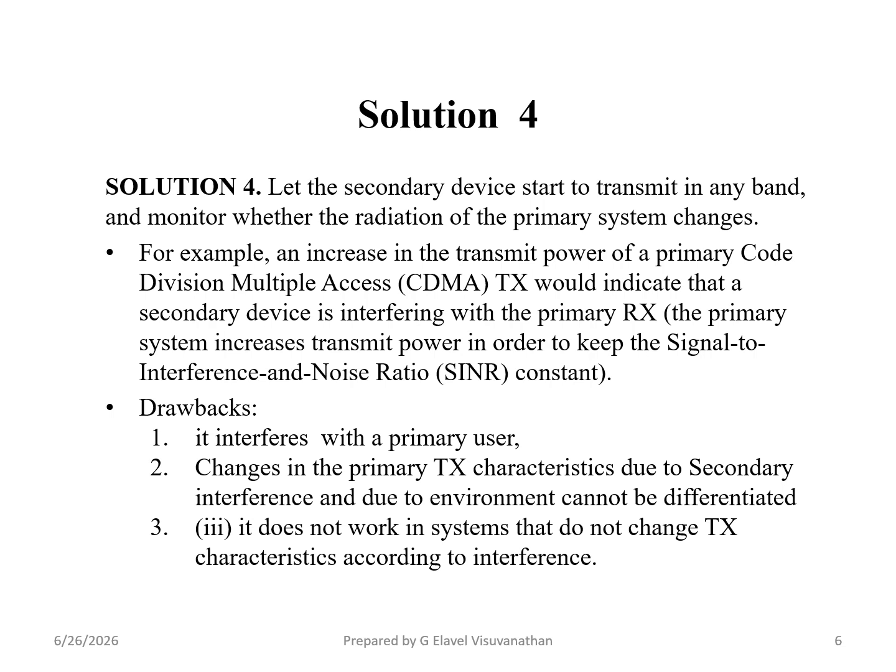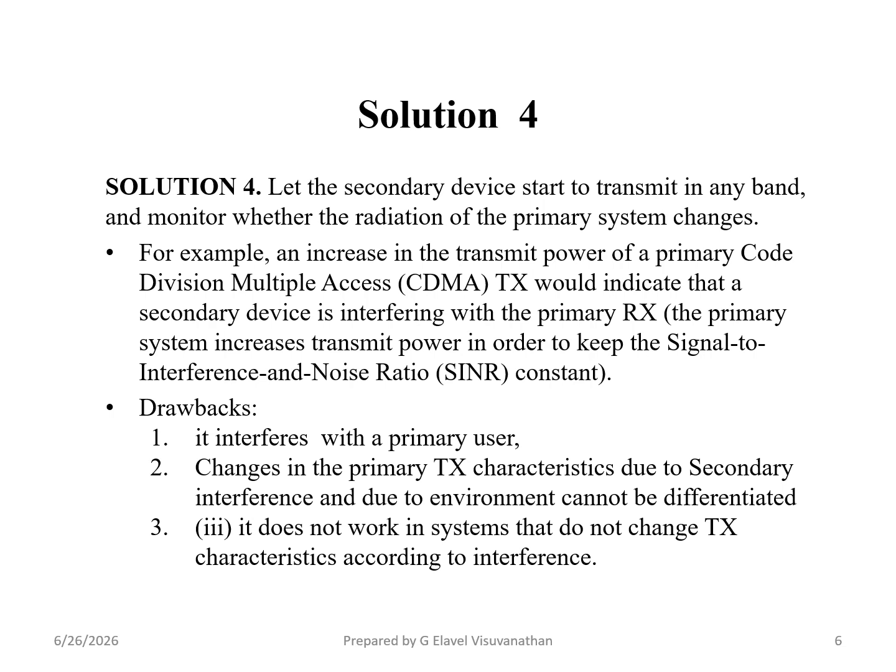For example, an increase in the transmit power of a primary CDMA, that is code division multiple access, transmitter could indicate that the secondary device is interfering with the primary receiver.